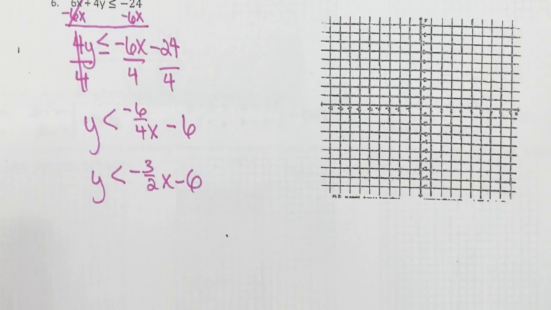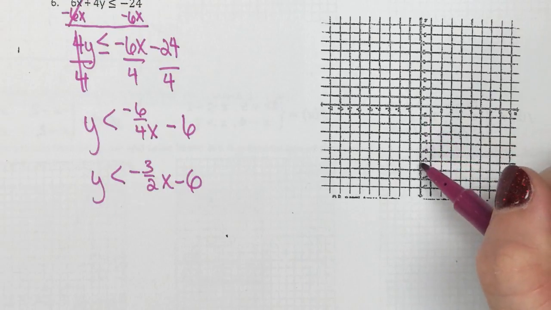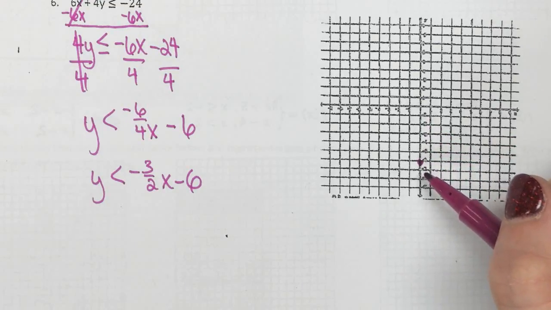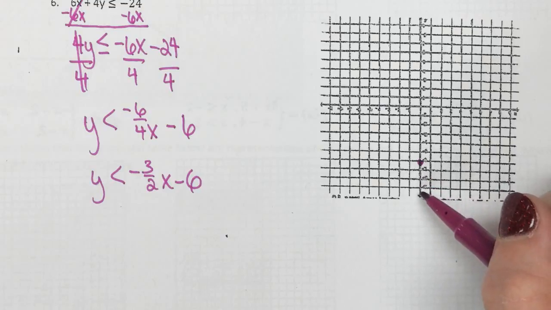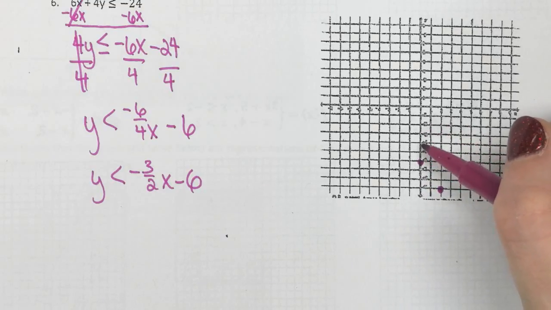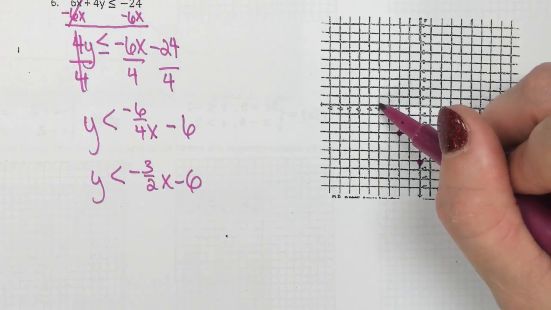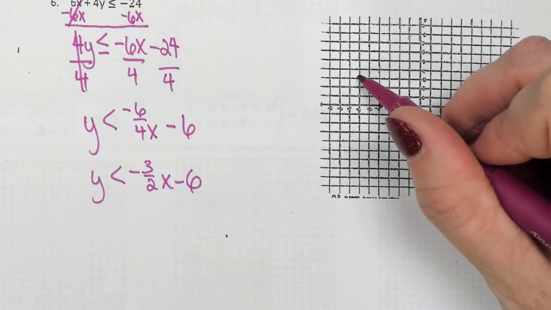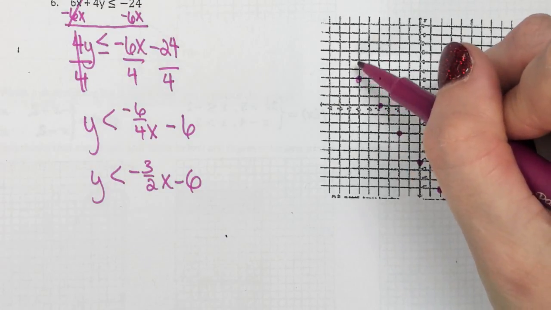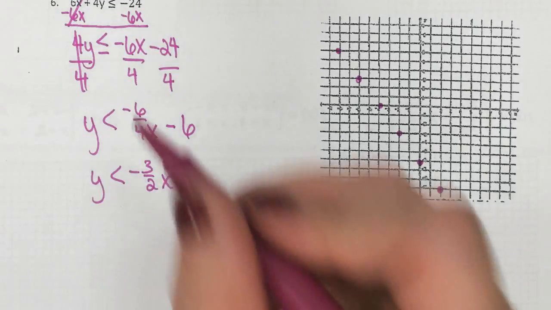Do I need to move it up some? All right, so let's see. 1, 2, 3, 4, 5, 6. So -3 over 2 tells me to go down 3 and right 2, or up 3 and left 2. Well, I didn't keep my equal to.